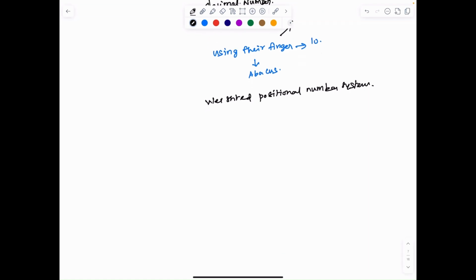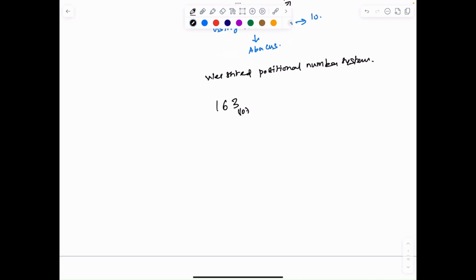As an example, suppose I have a number like 163, which is a decimal number, right? How the value is actually computed is, we have 1, 6, 3. The first position is the 0th position, that's 10 power 0. And then the second one, we have 10 power 1. And then the third is 10 power 2, right?